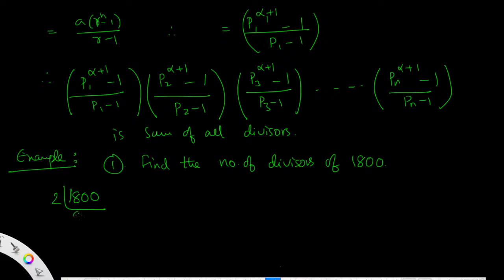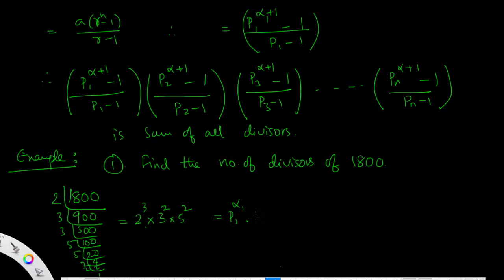So 2 nines are 18, 3 threes are 300, and 5 will take 5 twos are 10, 2 ones. So this can be written as 2 cube into 3 squared into 5 squared. So the number of divisors, let it be in the form P1 to the power of alpha 1, P2 to the power of alpha 2, P3 to the power of alpha 3.